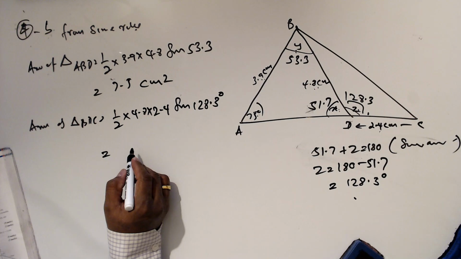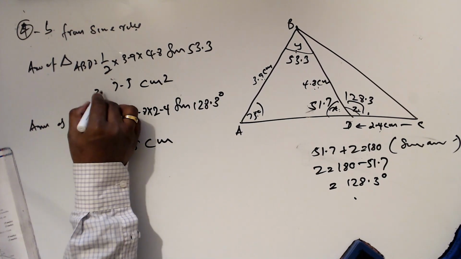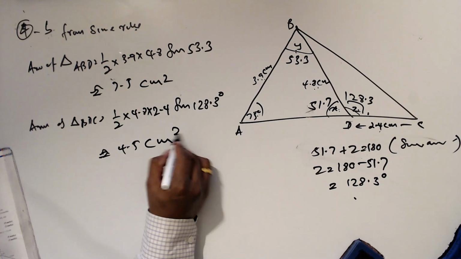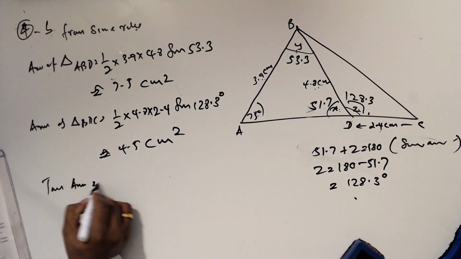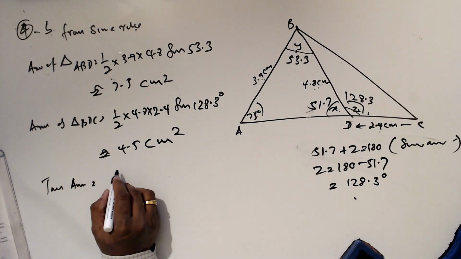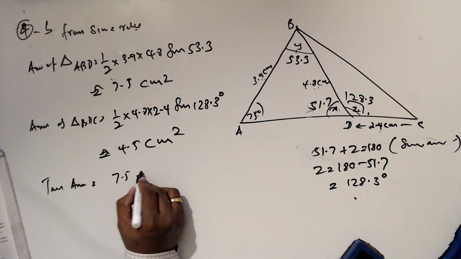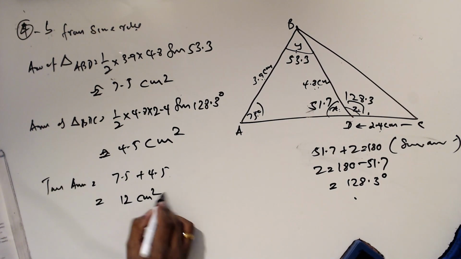That is going to be 4.5 square centimeter. So total area is 7.5 plus 4.5, which is 12 cm square.